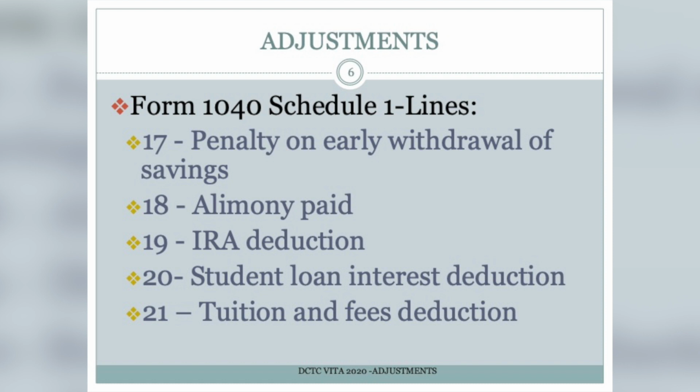Allow me to elaborate just a bit further. Alimony, once again, is taxable to the person receiving it, but it is deductible or used as an adjustment by the person paying it. You will note that line 18 has an A, B, and C part.